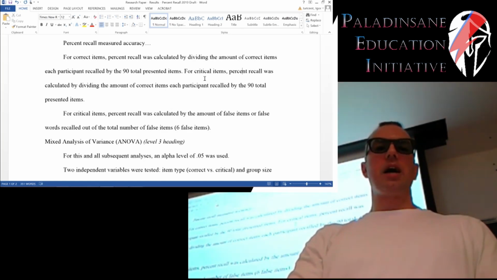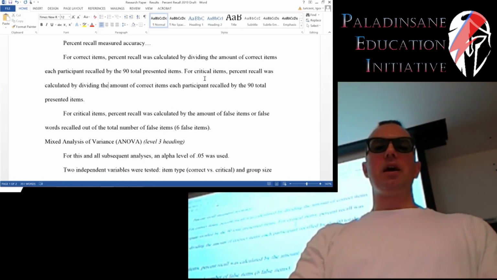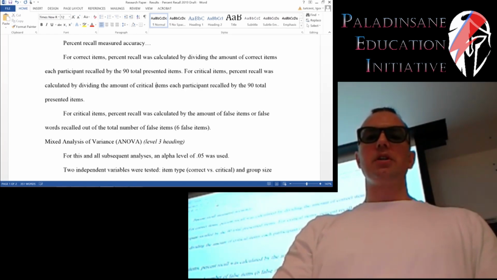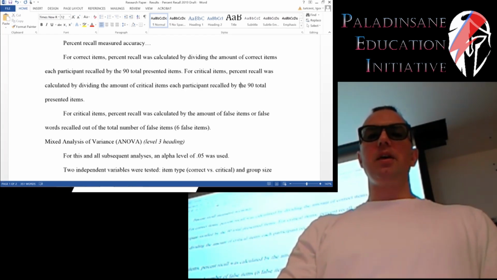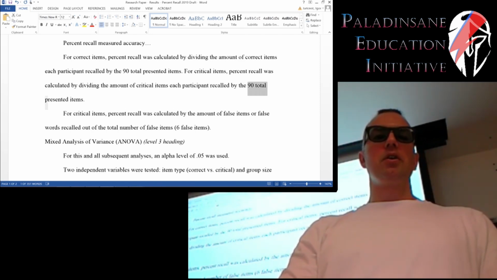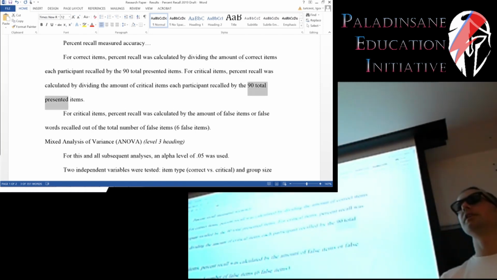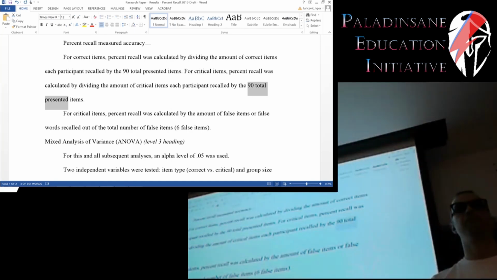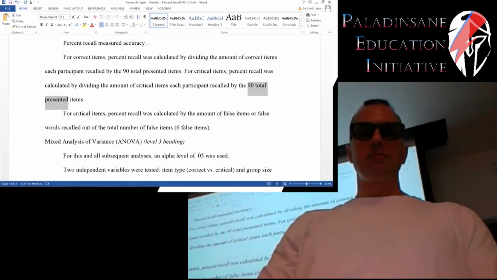Percent recall was calculated by dividing the amount of critical items each participant recalled by the... so far so good until we got here. So what is it divided by? Yep. 6 critical items.